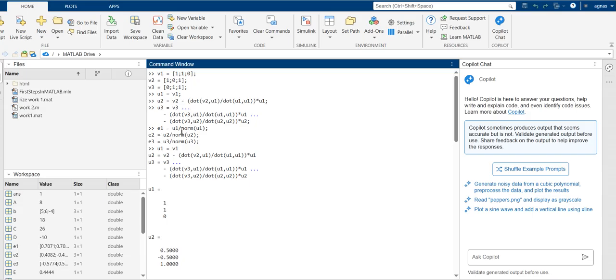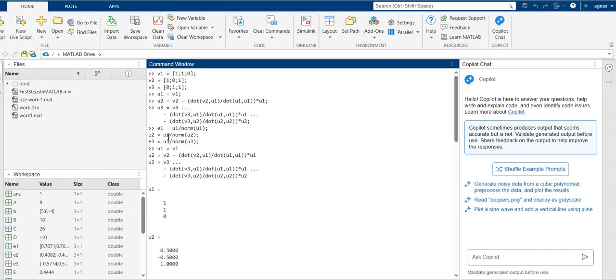In the problem we didn't find the orthonormal vectors, we just found the orthogonal vectors using the equation. Orthonormal means unit length, so we divide each vector by its norm.